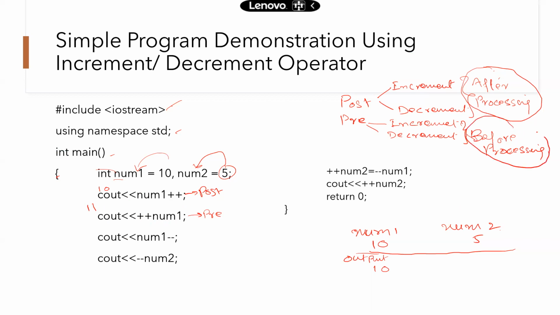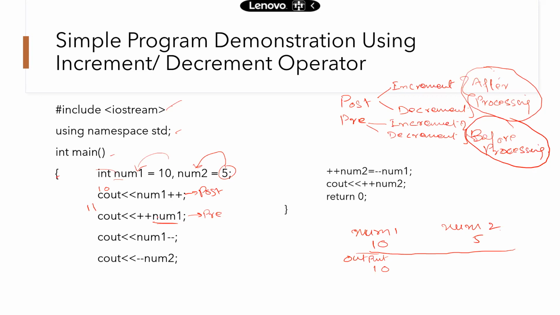So before processing actually means that if we are calling cout a processing, or generating an output as a process, then before printing or before giving a certain output, this num1 has to get incremented. So right now, what does this num1 contain?